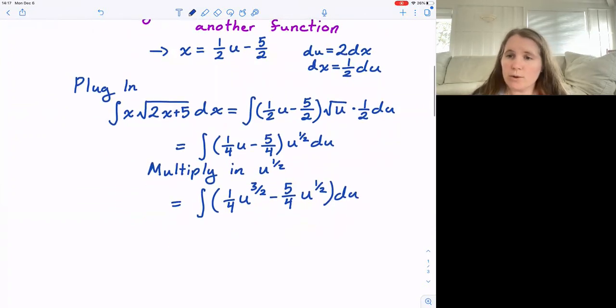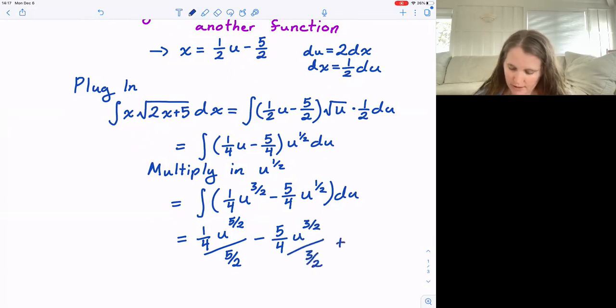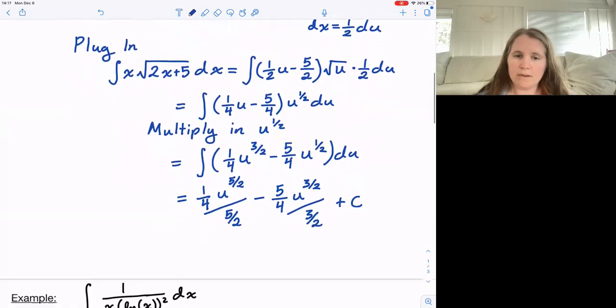At this point, we're just working with the power rule. So we have 1/4 u to the 5/2 if we raise the power by 1, and then we should divide by 5/2. Then we are subtracting 5/4 u to the 3/2, and then we should divide by that new power of 3/2, and then we have plus c.